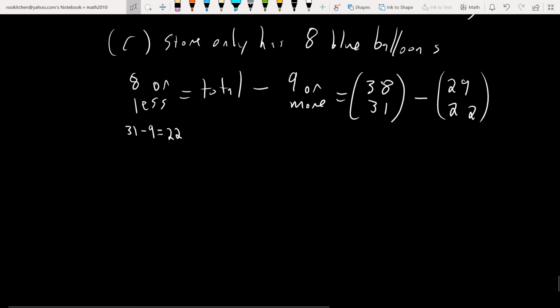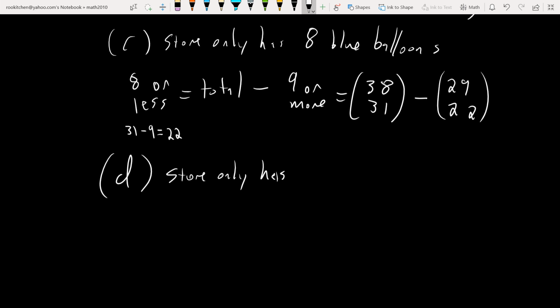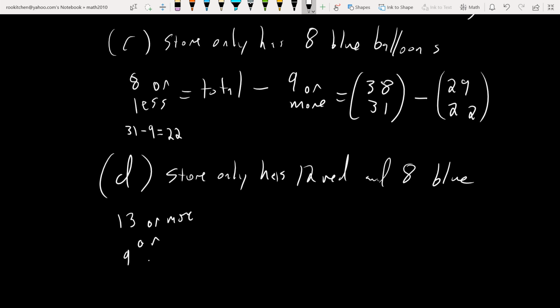Now part D is the hard part. They say that the store only has 12 red and 8 blue. So the hard part is figuring out how to count up the number of scenarios where you have 13 or more, or 9 or more.